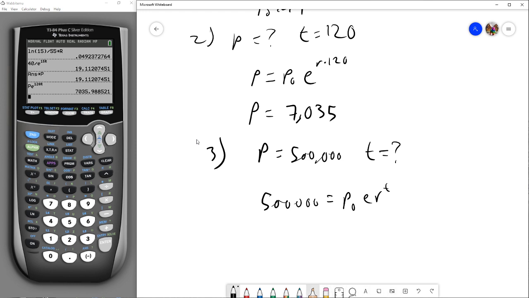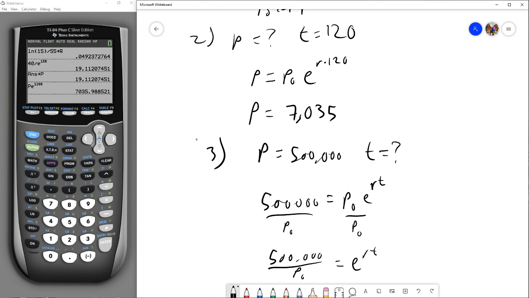Oops, that doesn't look nice. Let's make this better. P naught e to the rt. So we need to solve for t now. So I'm going to divide out our P naught. So we have 500,000 over P naught is equal to e to the rt.